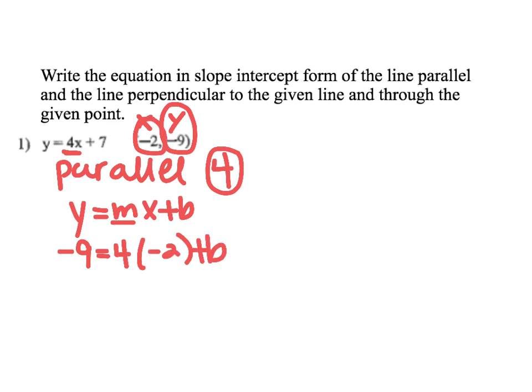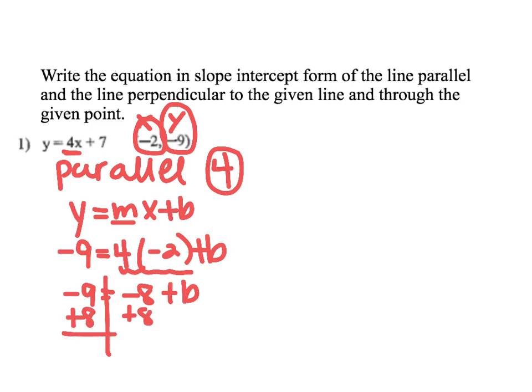And b, the y-intercept, is what we don't know, because they shouldn't have the same y-intercept, or we're just doing the same line. Okay, so multiply, we'll get -9 equals -8 plus b, and then move 8 to the other side by adding. So b is -1.